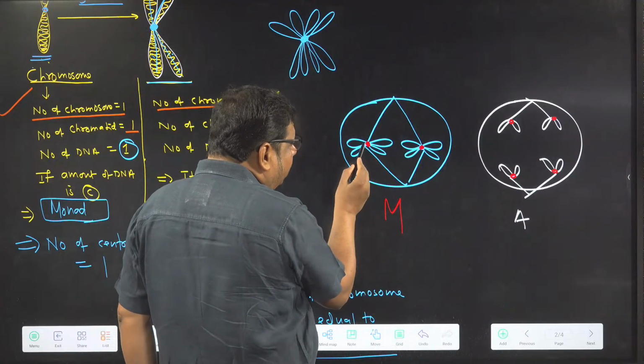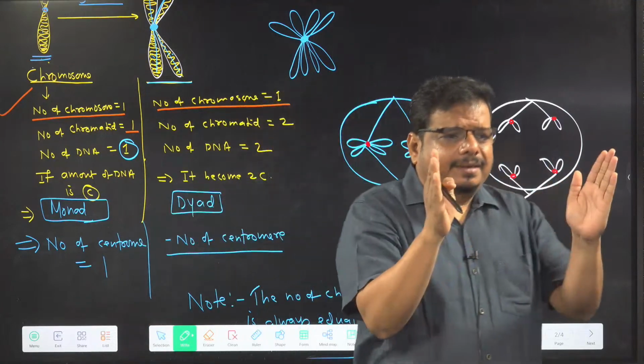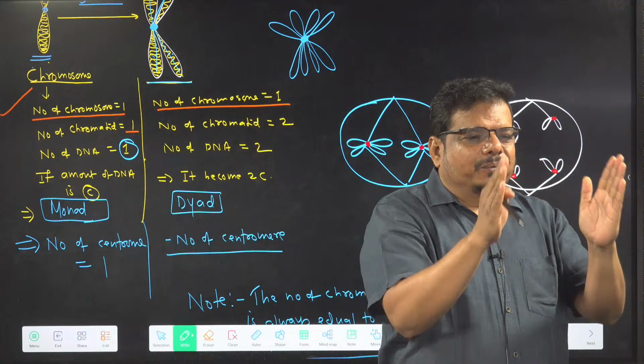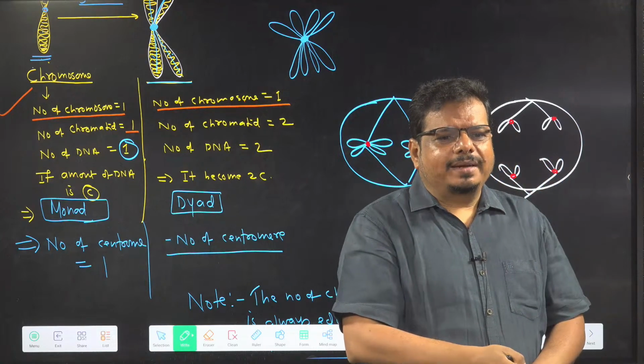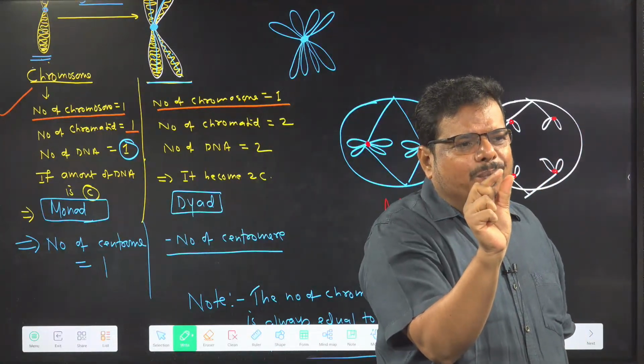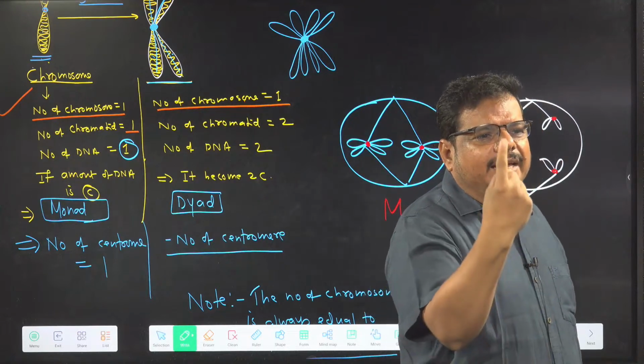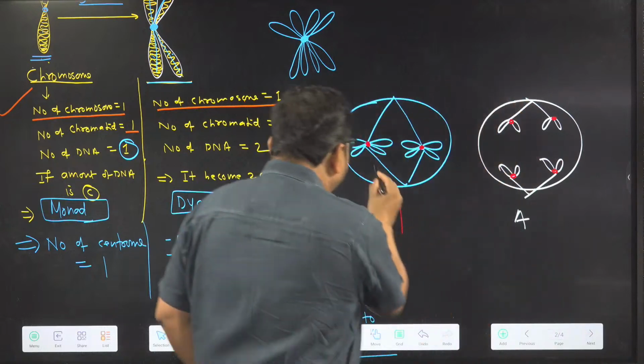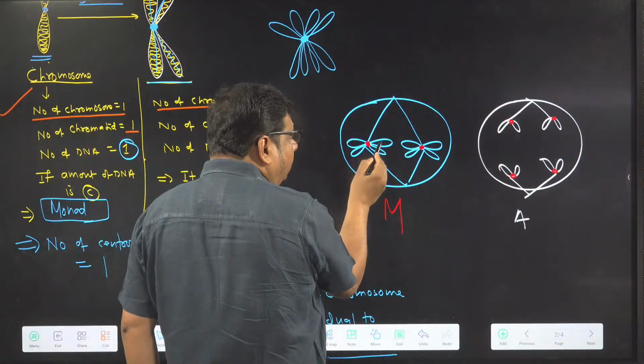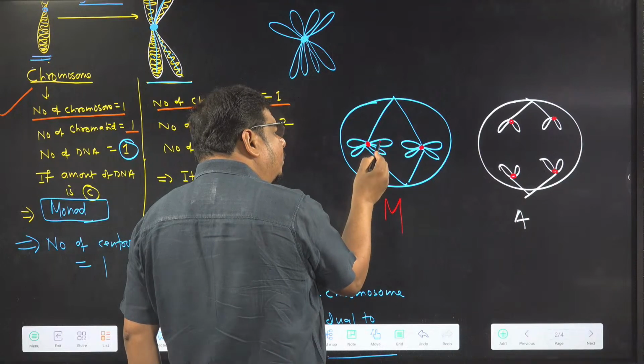So whenever two sister chromatids join with the help of a common centromere, they are called one chromosome. Here one centromere, upper and lower chromatid, two chromatids.